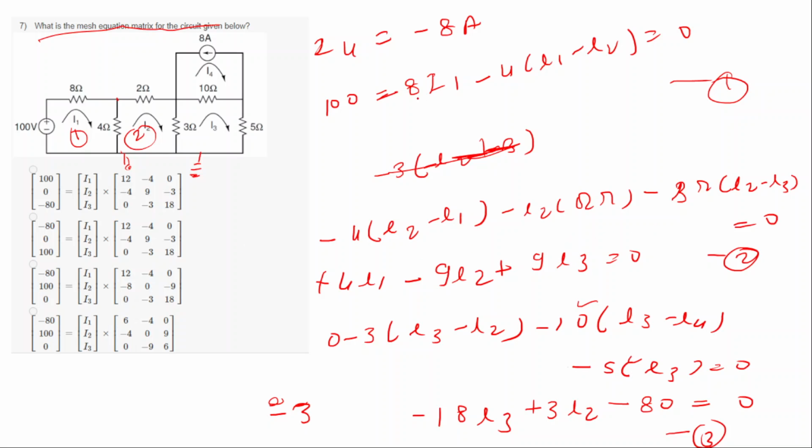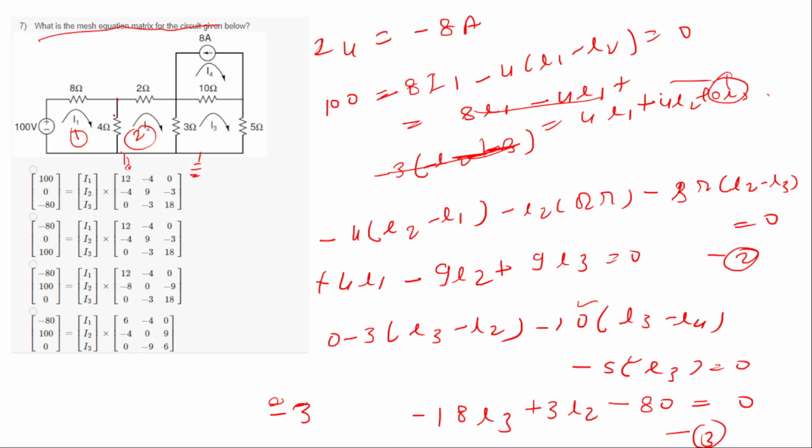Now for this one also, we have 8 I1 minus 4 times I1, so it will become 4 times I1 minus 4 times I2 plus 0 times I3 equals 0.